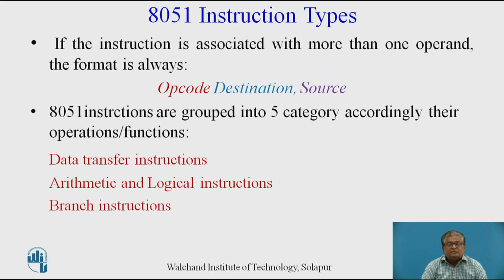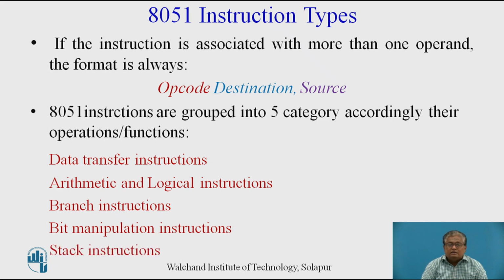Branch instructions change the sequence of execution of instructions. Bit manipulation instructions perform the operation on one bit of information, and the stack instructions, mainly push and pop operations, can be performed on the stack memory.